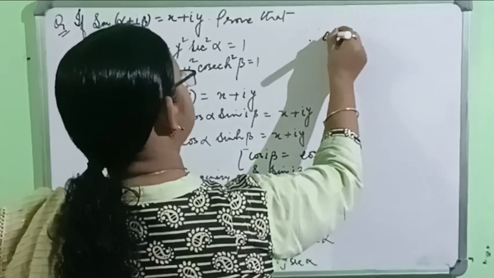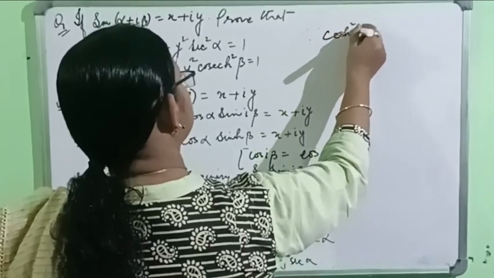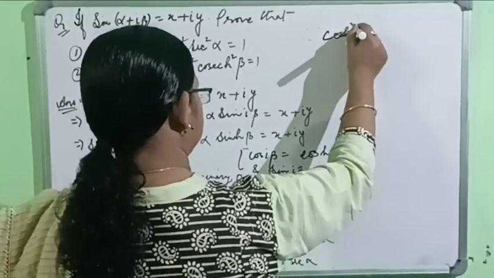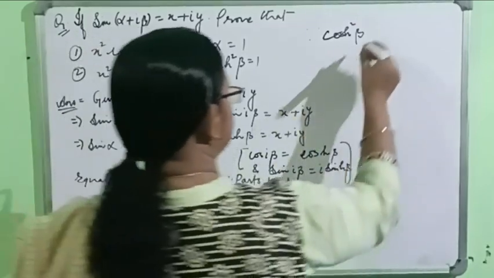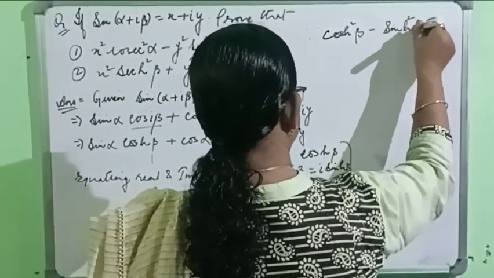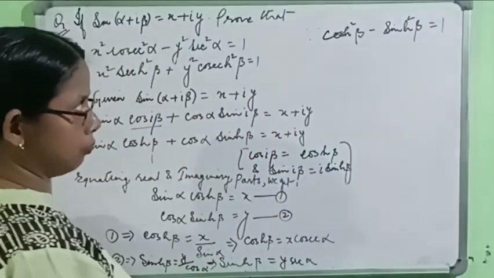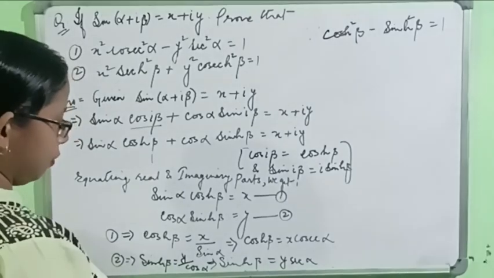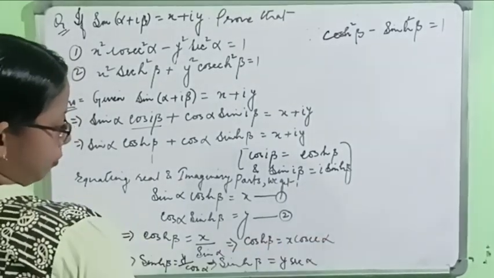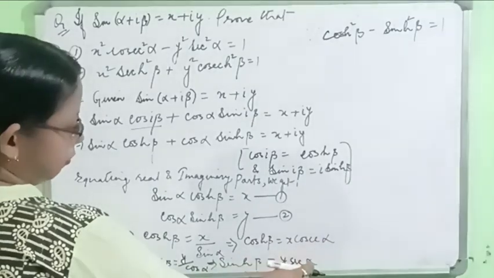Since cos hyperbolic square beta minus sin hyperbolic square beta is 1, from the properties of hyperbolic function we have got this one. So put the value of cos hyperbolic beta equal to x cosec alpha and sin hyperbolic beta equal to y sec alpha.